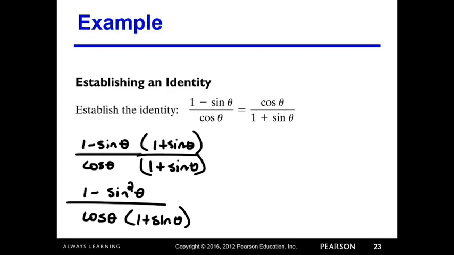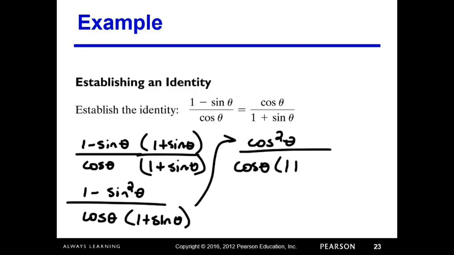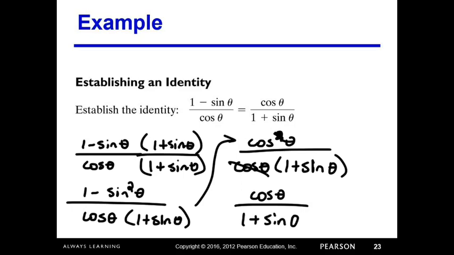All right, so 1 minus sine squared theta is the same as cosine squared theta over cosine theta times 1 plus sine theta. One of the cosines cancels, so you're left with cosine theta over 1 plus sine theta.